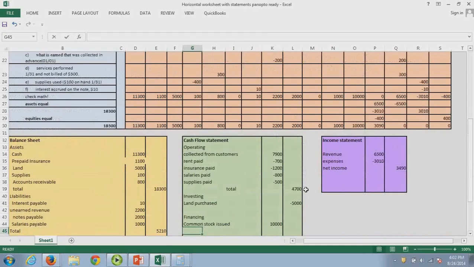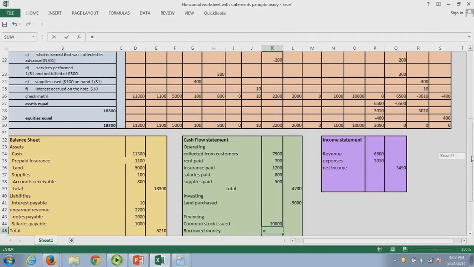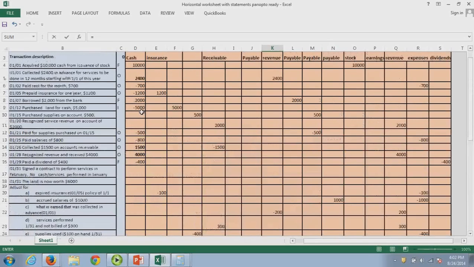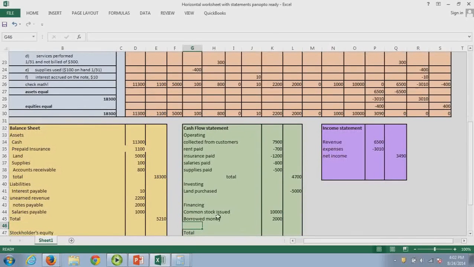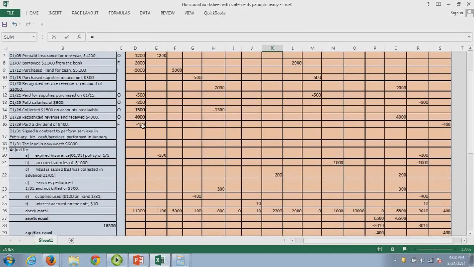Then we have borrowed, let's put borrowed money, or you could put notes payable, and link that up here. And then we have dividends paid. And that's going to be toward the bottom, I think, if I remember right. So here's the -4.